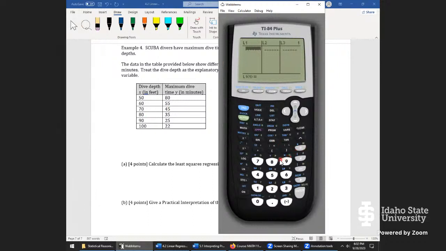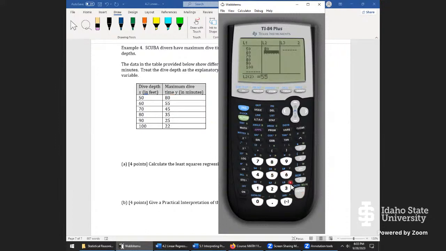So I'll type in the first column, 50, 60, 70, 80, 90, and then 100 feet for the dive depths. Then to the right, just the times in minutes. If you're diving 50 feet, you have 80 minutes before you start to have trouble.